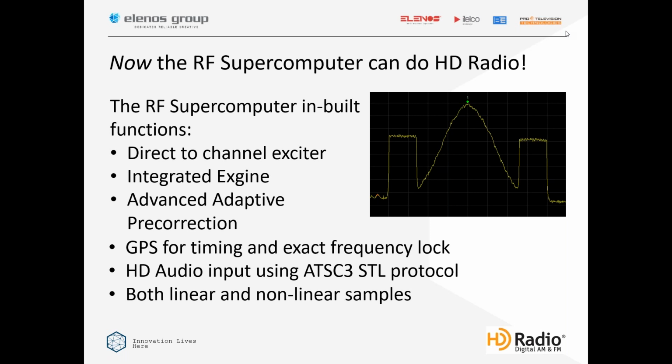And for that reason, in 2003, we actually spent a couple of years on a systems level design where we said we need an open platform, at least open for ourselves, where we can develop and have the same environment for a long period of time. And that is what was the birth of the RF supercomputer.